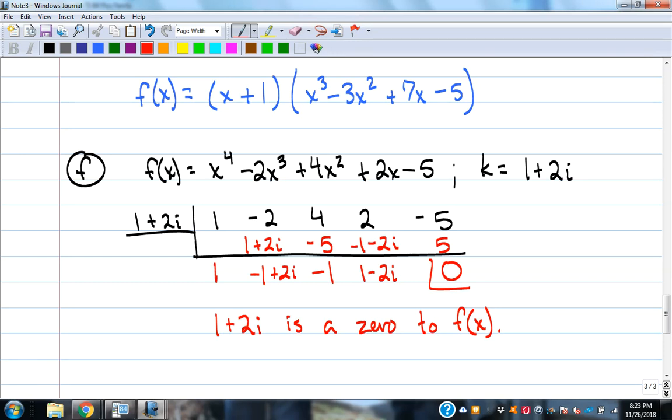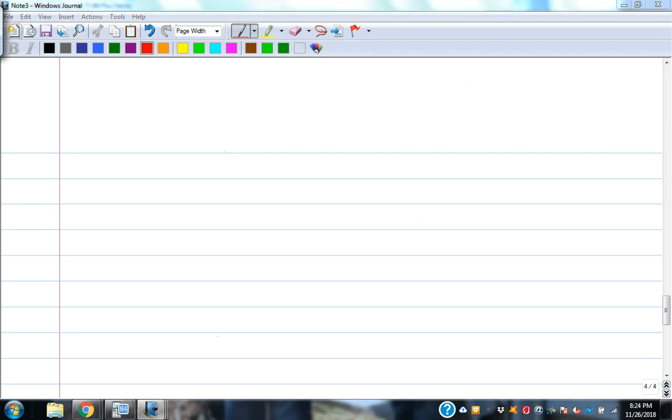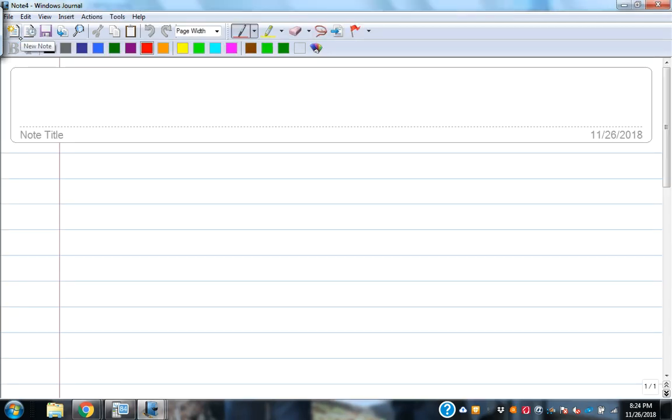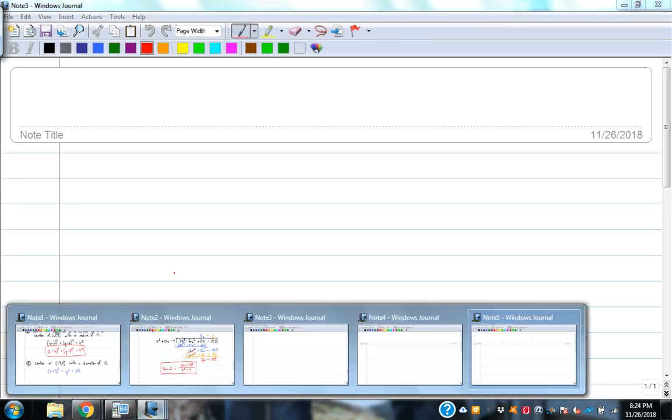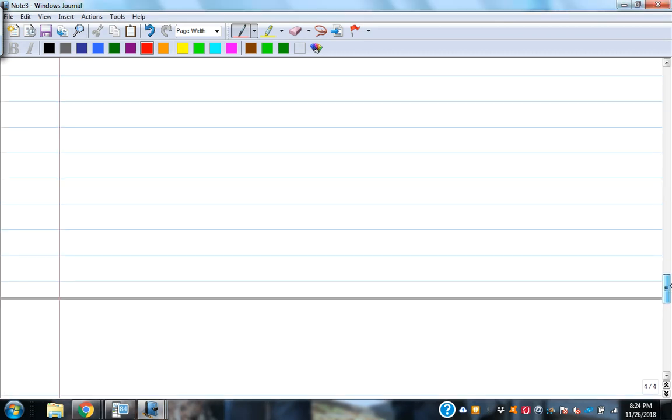All right. Now, let's get into working with polynomials and trying to break them down and get factors out of them using synthetic division. So we're going on to section 3.3. Oops, don't need that many open. This one has already got some stuff in it.